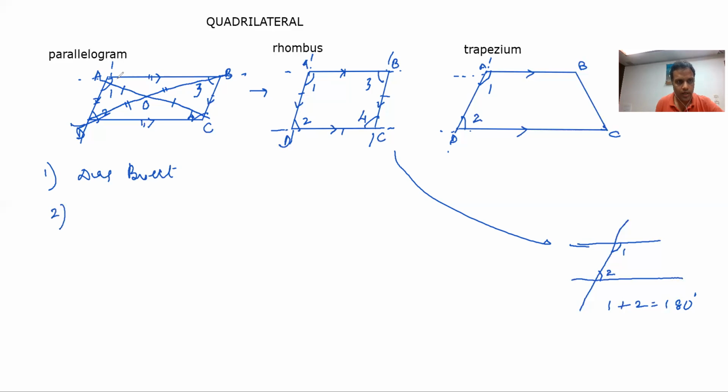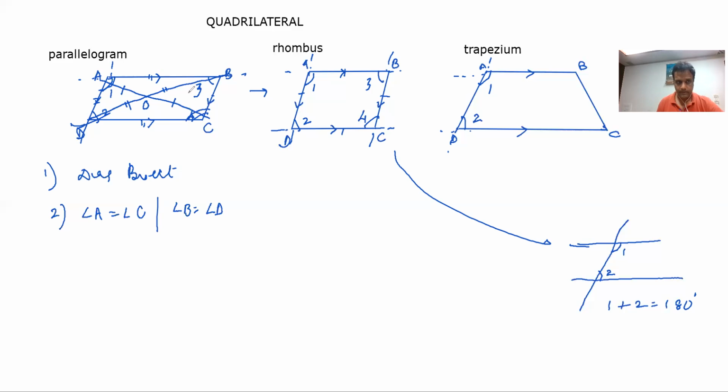Second important point is opposite angle A and opposite angle C. Angle A and angle C are equal. And so angle B will be equal to angle D. We should know these properties because there will be a lot of sums which will come on these properties, right?